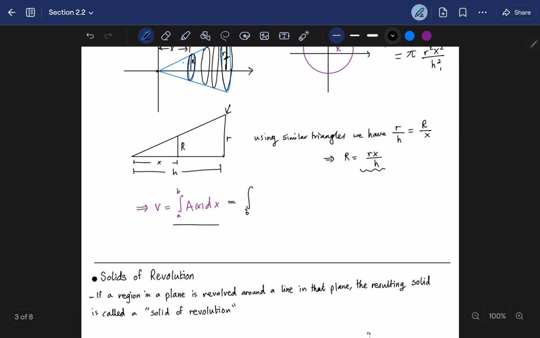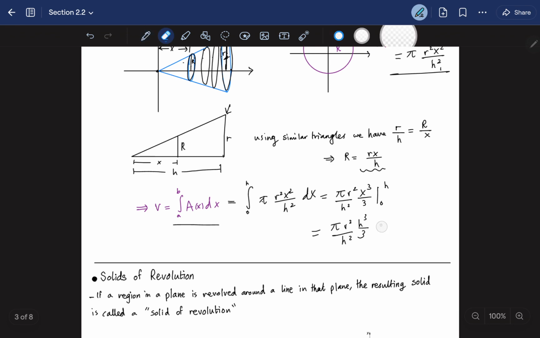So from 0 to h, and just take this pi R squared x squared over h squared dx, and we can just evaluate it normally by taking the antiderivative, plugging upper bound minus lower bound would give me this.